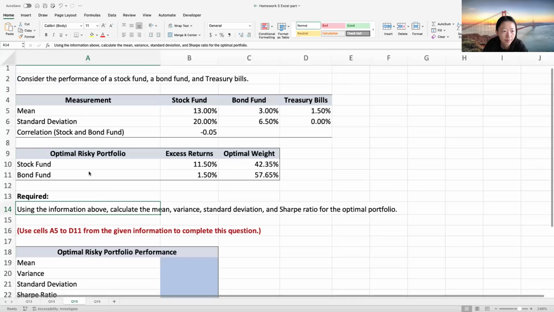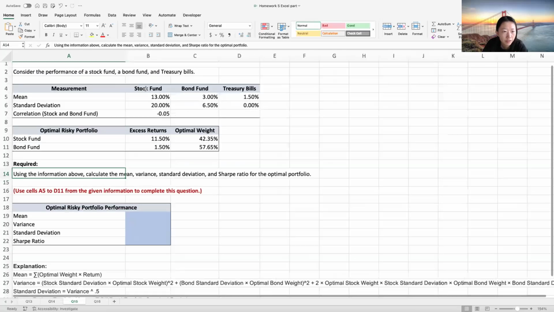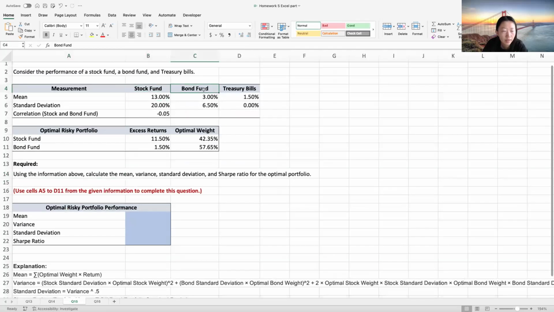And question 15. We have the performance of stock fund and bond fund, as well as the risk-free asset, treasury bills. We have their means, we have their standard deviations, we have the correlation between stock and bond.